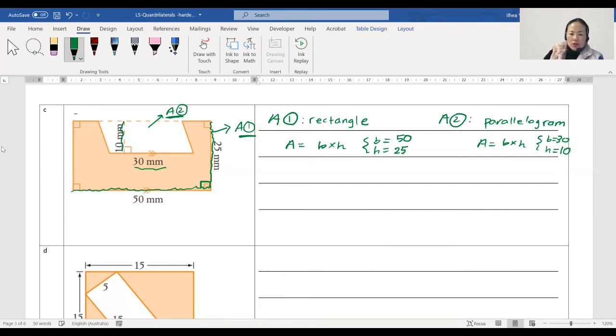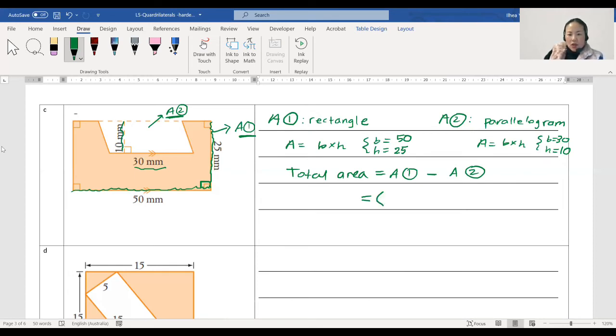Okay, and now step 3, we're doing the total area. Total area equals area 1 take away area 2, because it's got a big hole in it. If there's no hole, you're going to add them together.